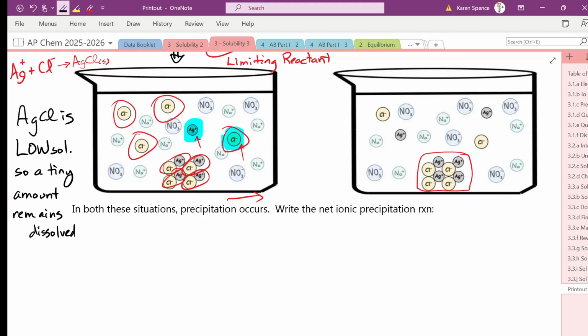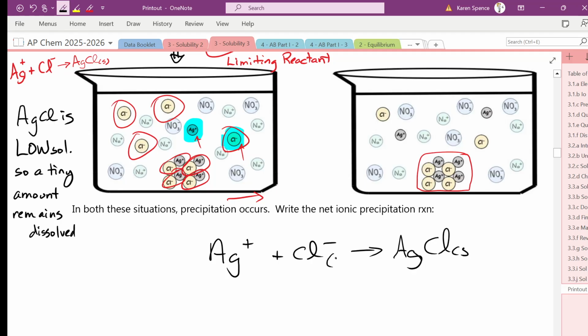So let us write the net ionic precipitation equation. We have Ag+ plus Cl- goes to AgCl solid, with the ions aqueous.